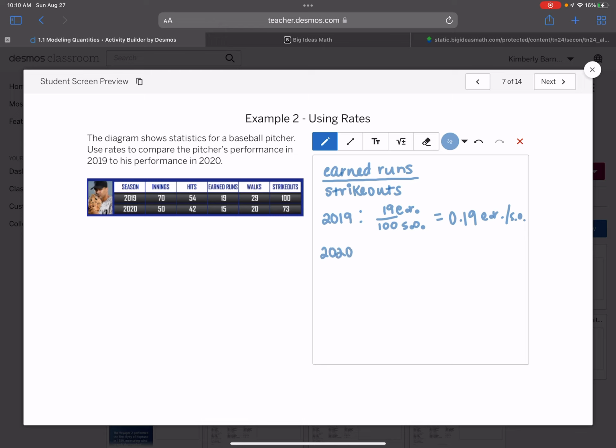Okay, in 2020, he had 15 earned runs and 73 strikeouts. So I'm going to divide 15 by 73. That's one I can't do in my head. And I get about 0.21. I'm going to round to the nearest hundredth.